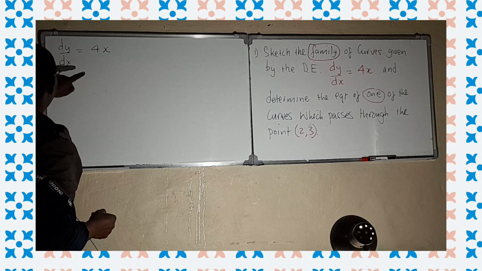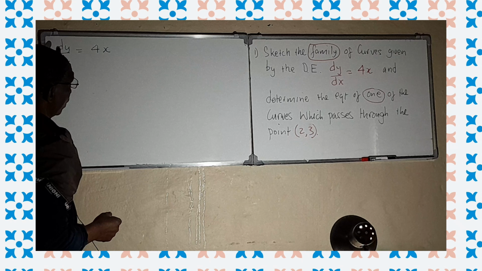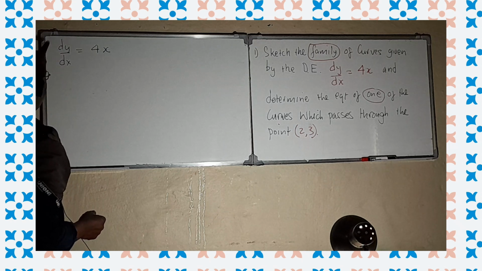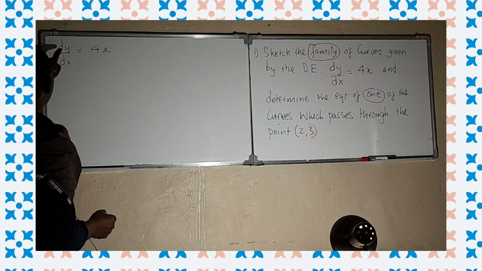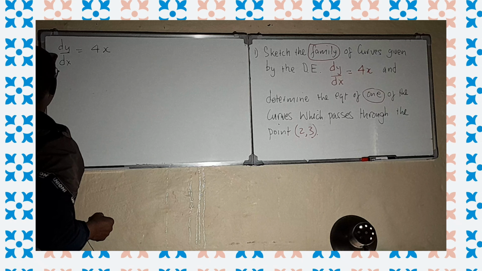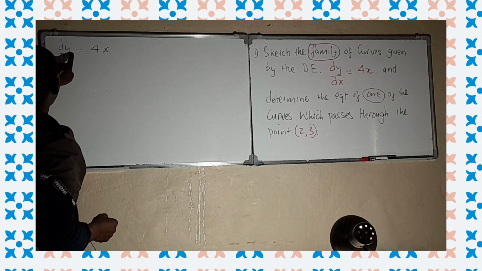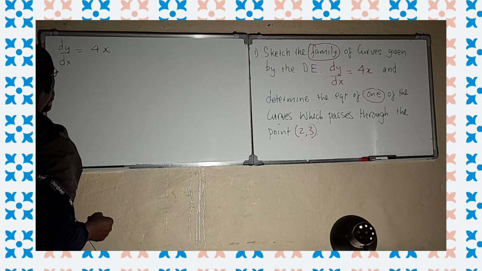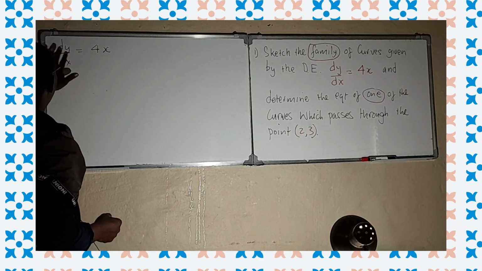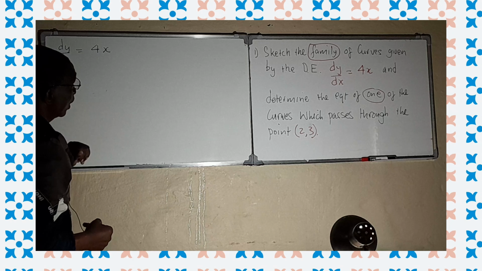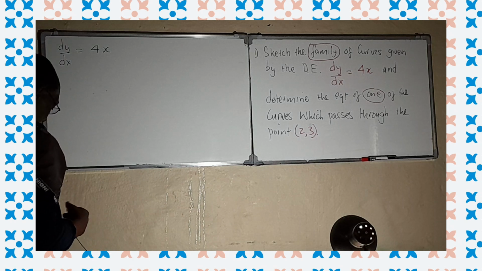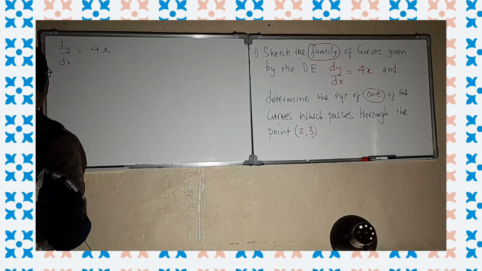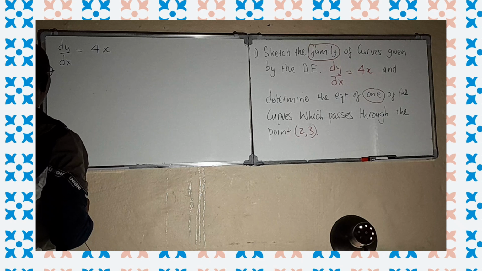And again, it is called a first order differential equation because the highest derivative here is the first derivative. If it was d2y/dx squared, it would be called a second order differential equation. And so here we do have a first order differential equation. It's one of the simplest differential equations you can ever get.